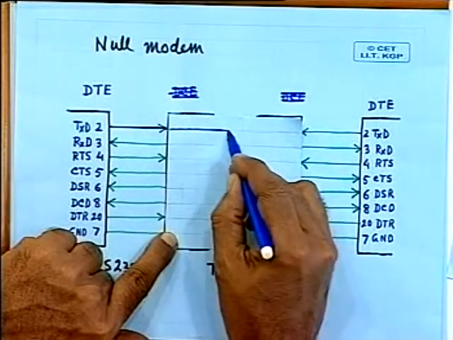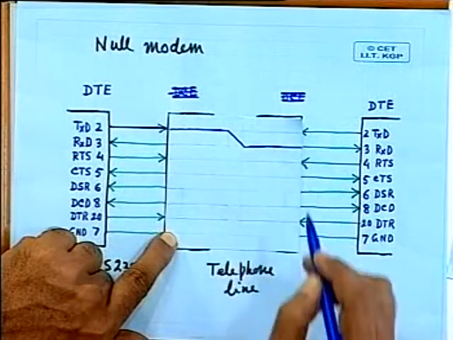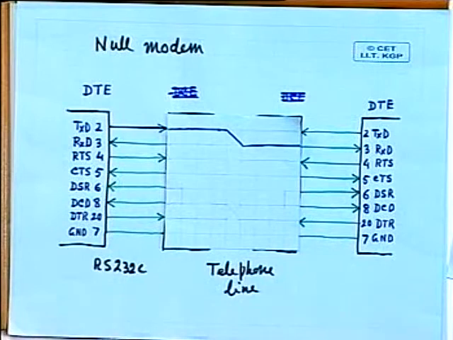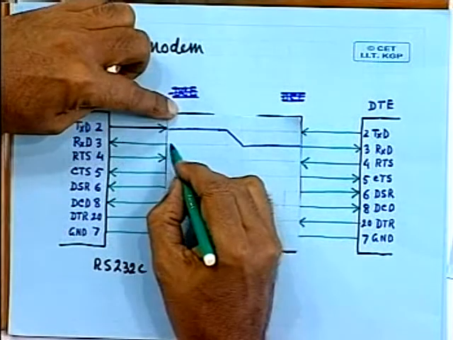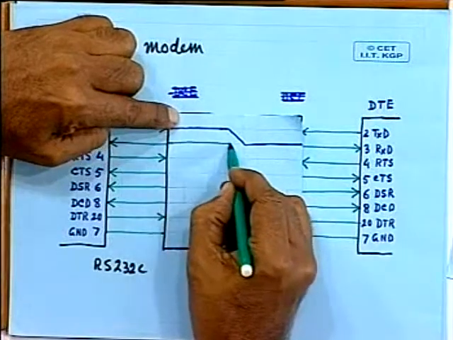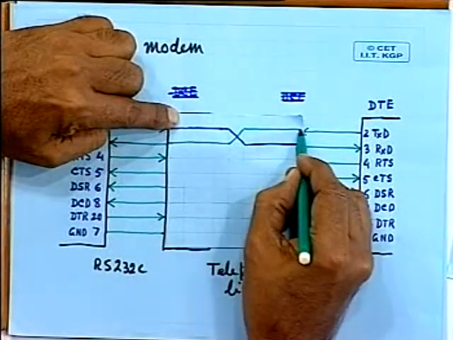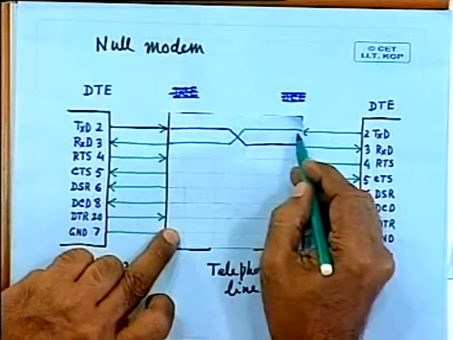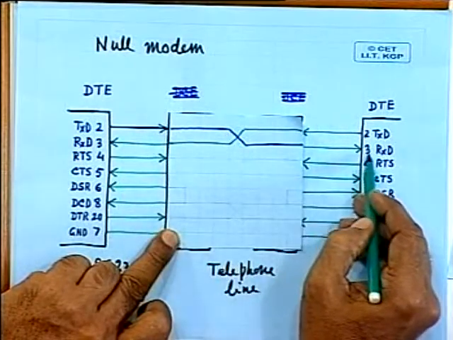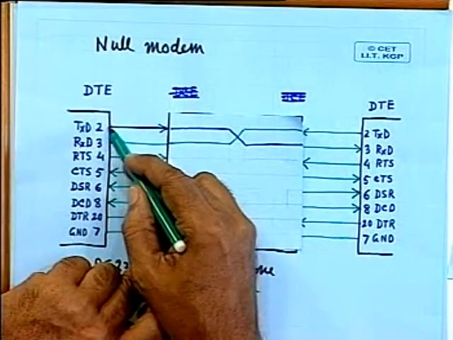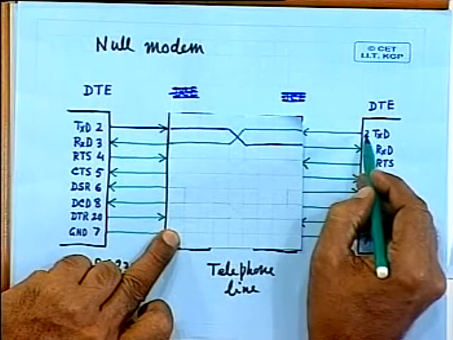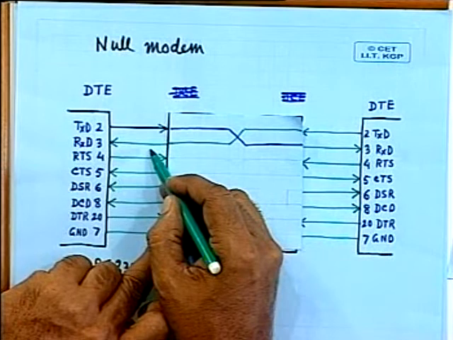This line can be connected to RXD, which is an input line. Similarly, the TXD line of the other side can be connected in this manner. So in this way the swapping can be done. This wire is going to RxD, and TXD from one computer or DTE is going to RxD of the other computer, and TXD of this side computer is going to RxD of the other side computer.